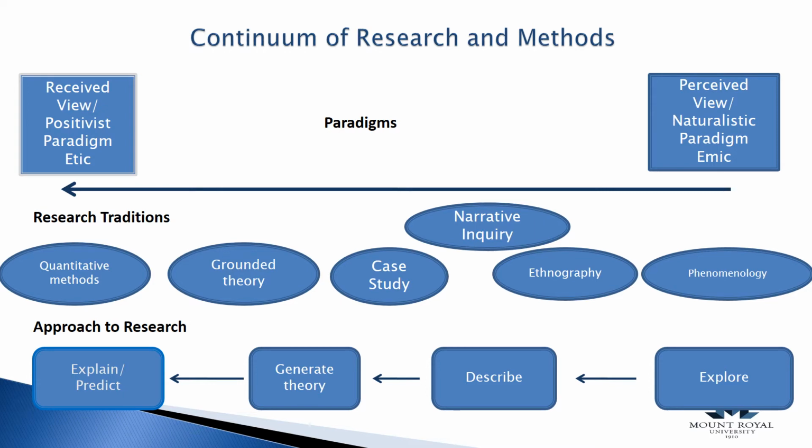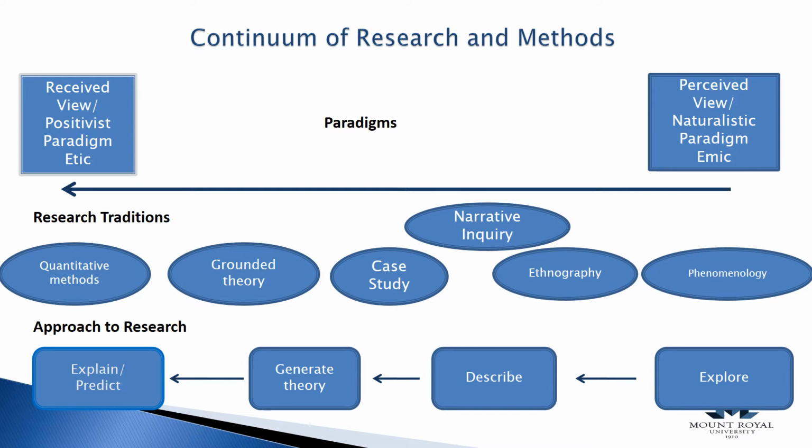And then on the far left, as you're looking at the picture, is research that aims to explain, predict, might try and look at cause and effect. And this is true quantitative research, quantitative methods.